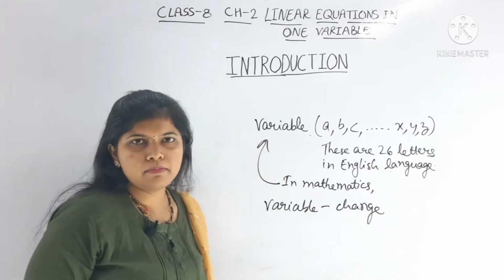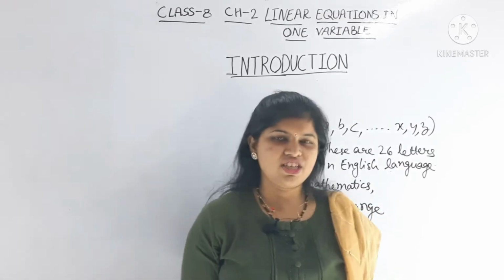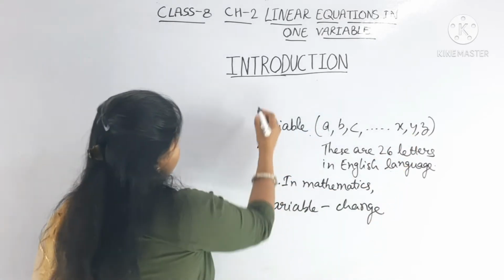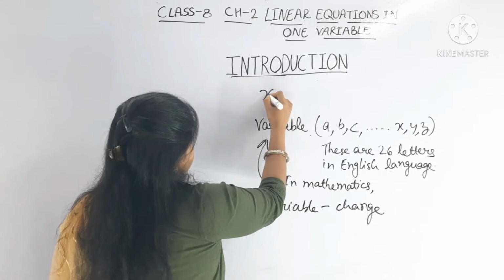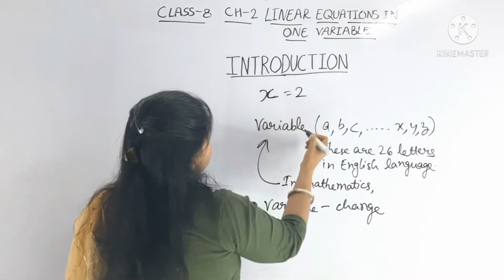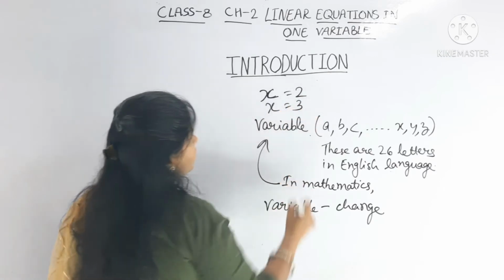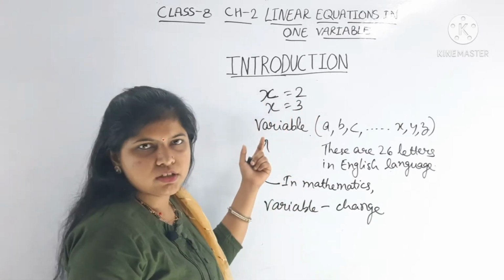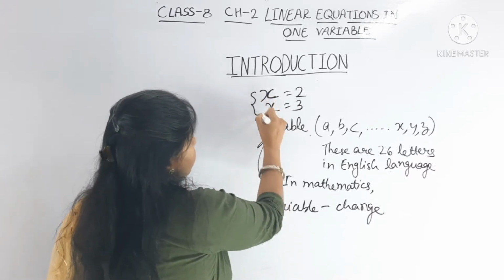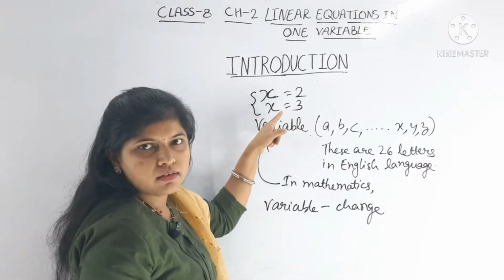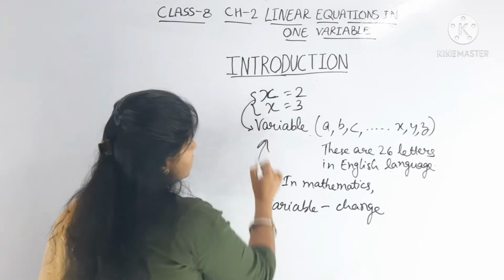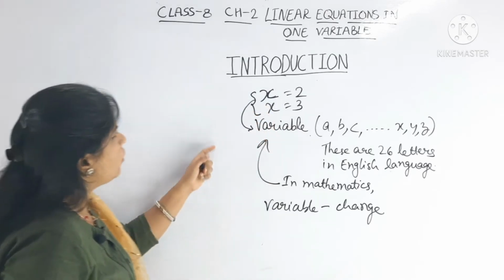When you get x equal to 2, maybe x equal to 3, so this is the equation like this. These are variables, variables vary. So we can call this a variable.